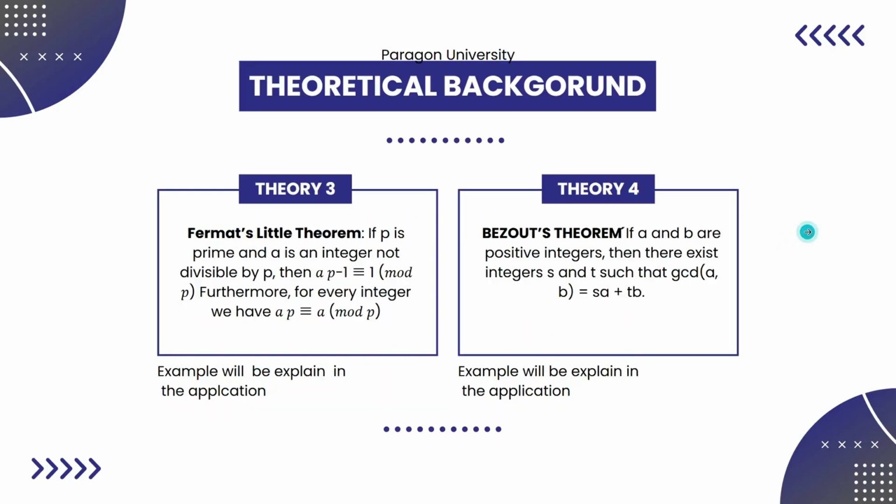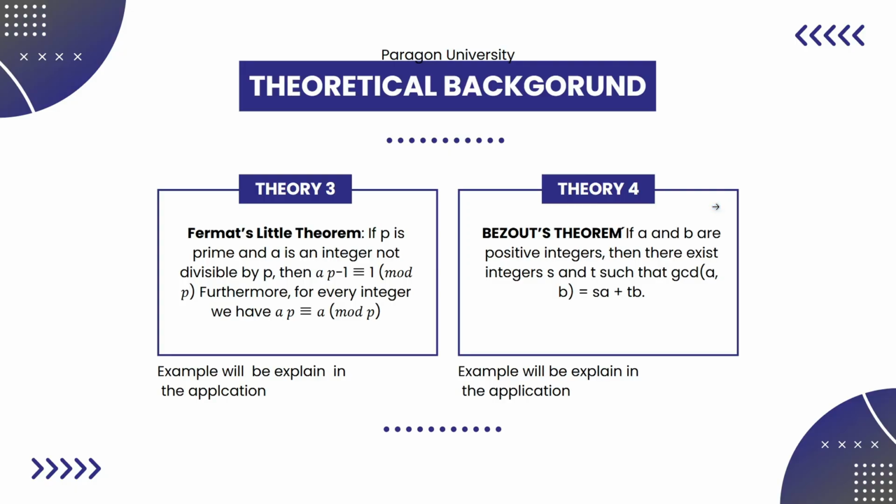And now let's move on to theorem number 3. So Fermat's theorem is: p is prime, a is an integer not divisible by p, then a to the power p minus 1 is congruent to 1 mod p. So this is the form of Fermat's theorem, and theorem number 4 is Bézout's theorem.